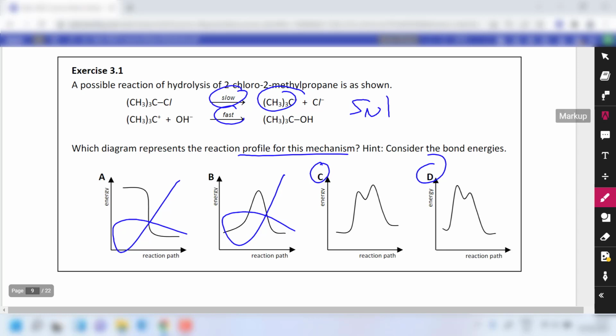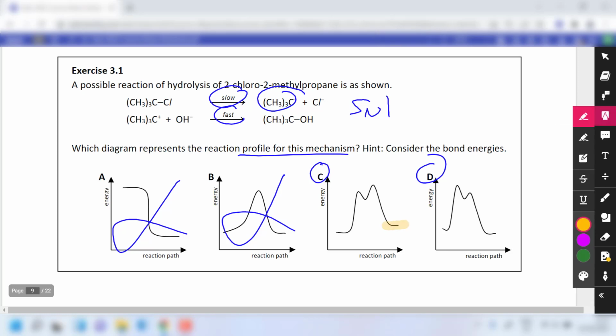The difference is that for C, the product has a higher energy as compared to the reactants, and for D, the product has a lower energy as compared to the reactants. So that means that we need to see if the C-Cl bond is stronger or the C-O bond is stronger. If you flip over the data booklet, or even without flipping, you should be able to tell me that the C-O bond is definitely stronger than the C-Cl bond.